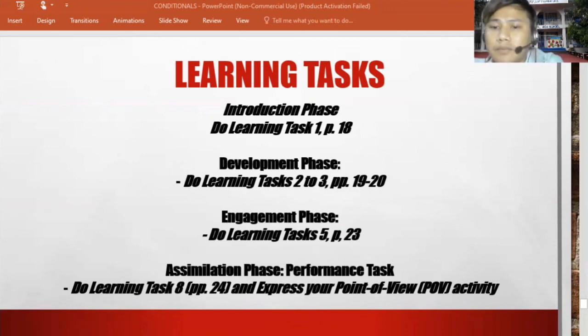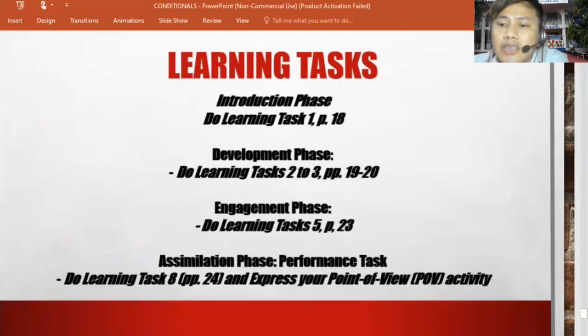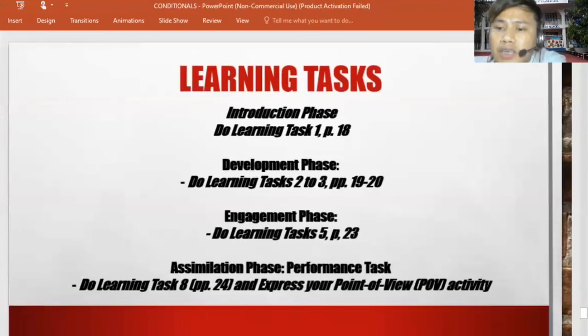All right, and next to it are learning tasks number 2 and 3. You can find them on pages 19 and 20. What are you supposed to do in learning tasks 2 and 3?